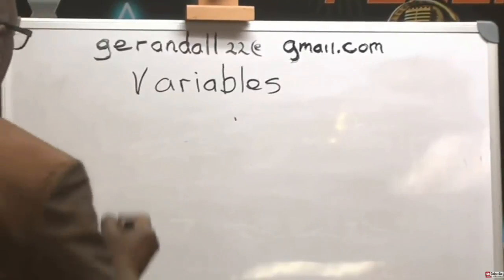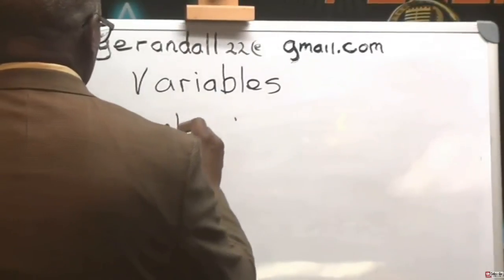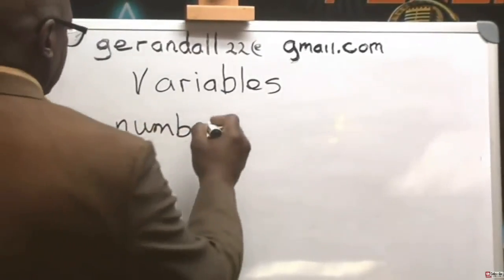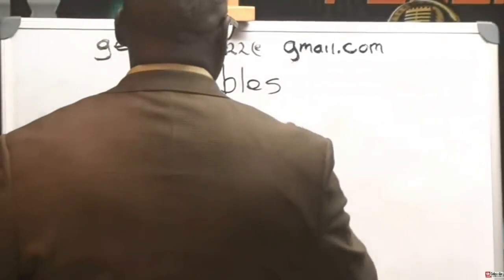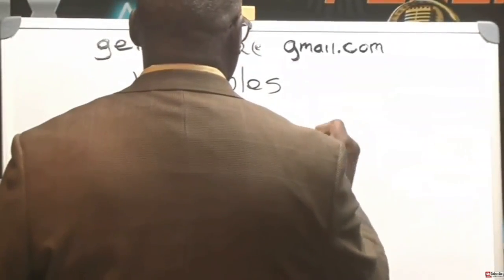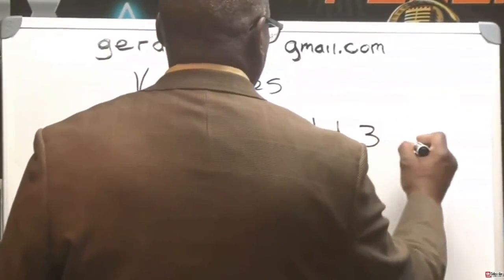And again, a number divided by three equals 18.